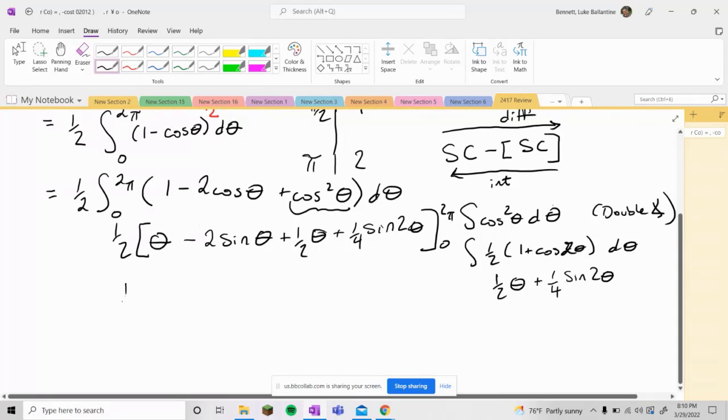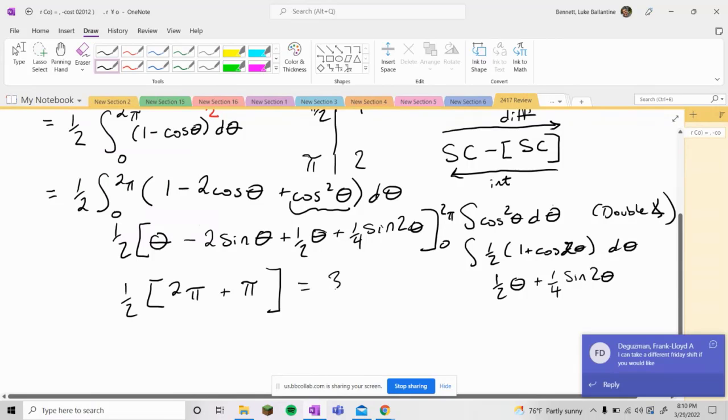So then plugging it in, we get 1/2 2 pi plus pi. Everything else turns to 0 because sine of 0 is 0, and sine of 2 pi or any integer multiple of pi is 0. So this is 3 pi over 2.